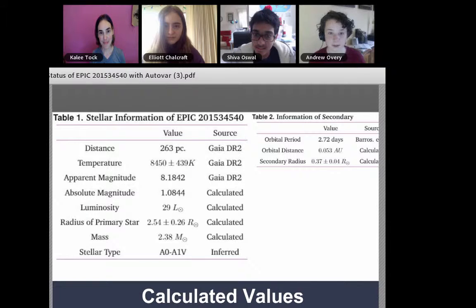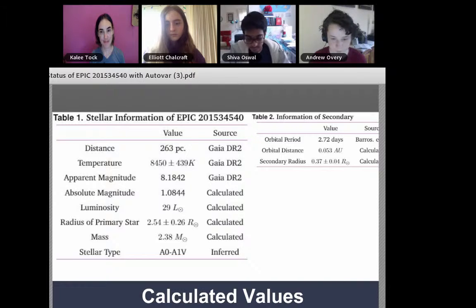So that is one challenge that makes it difficult to ascertain whether it's an exoplanet or an eclipsing binary star. And its orbital period is about 2.72 days and 0.053 AU, which is awfully close.